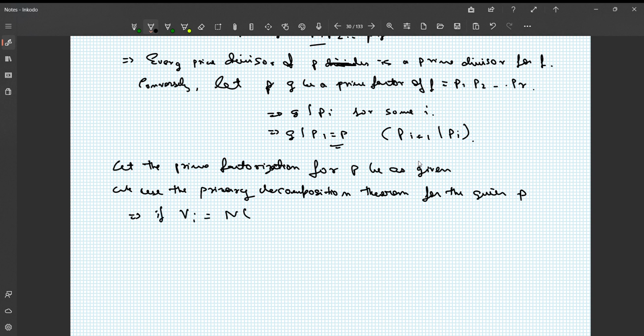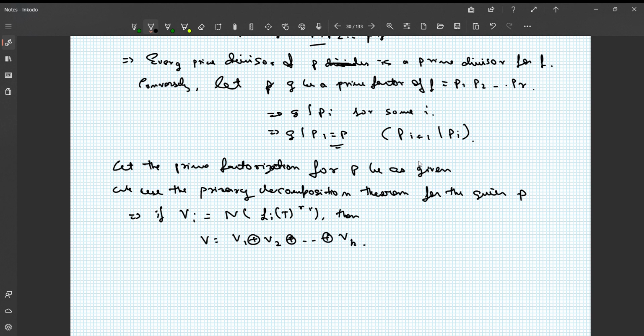which says that if Vi is the null space of Fi(T) to the power Ri, then V is a direct sum decomposition of each of these.